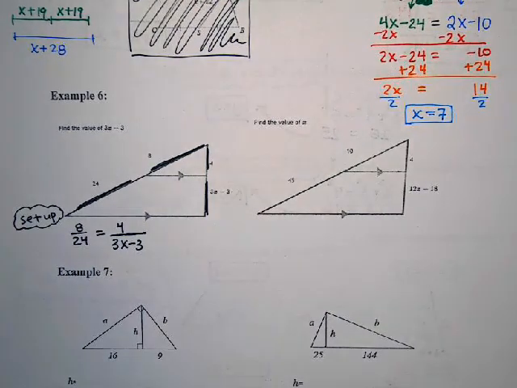I want you to look at the triangle and see if that makes sense. 8 over 24 is my pattern I set up myself, and then I copy that pattern. 4 over 3x minus 3.